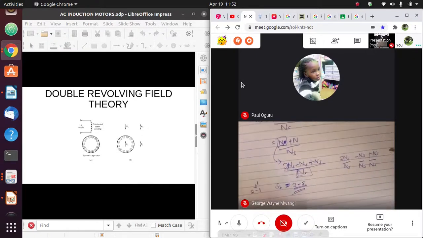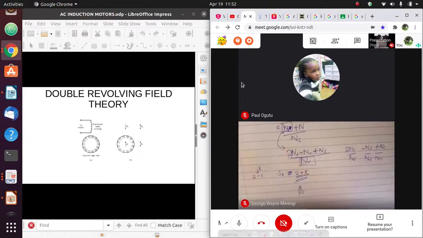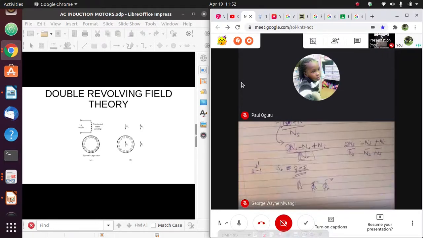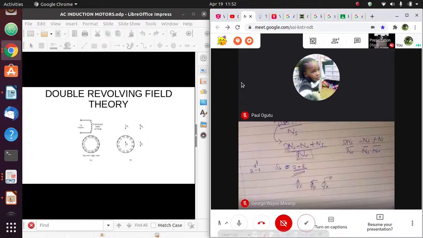Now, these fluxes, we have seen that the stator flux can be resolved as two fluxes that are rotating at the same speed but in different directions. Now, what is the effect of these fluxes on the rotor circuit? Remember that in this rotor circuit there is a current being induced.